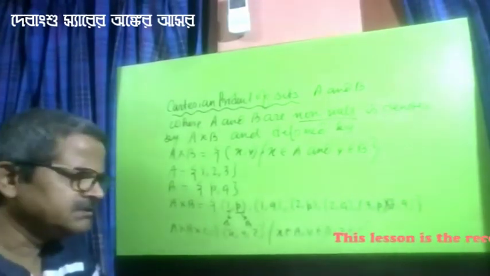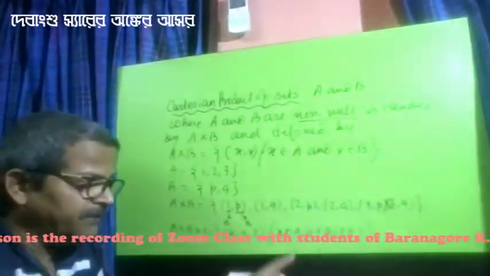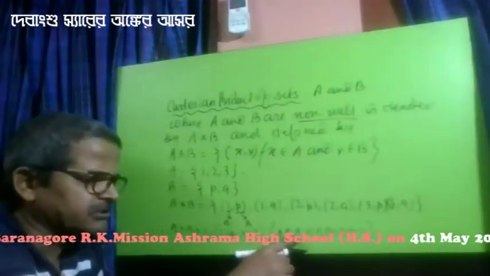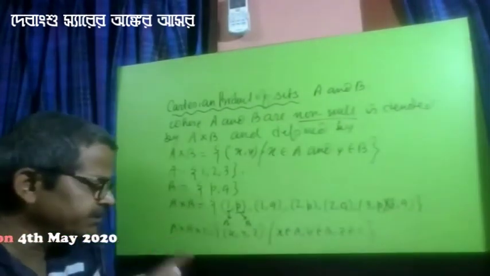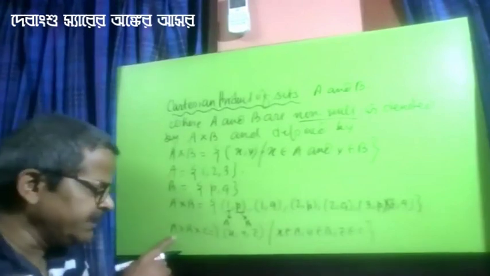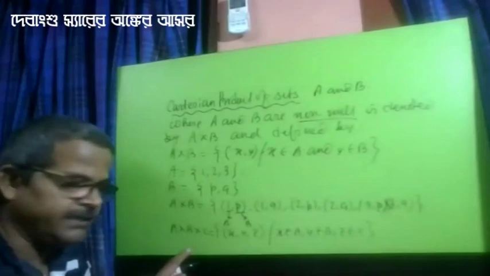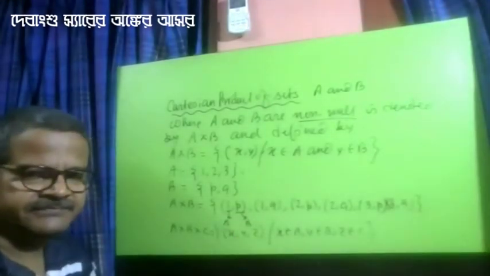No problem. Just maintain the order. If I let x belong to A, y be from C, z be from B, then it will be A cross C cross B. Since it starts with A, the first element will be from A. The second element will be from B, the third from C.